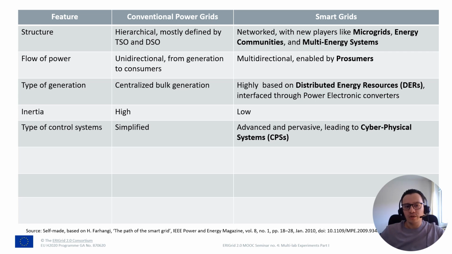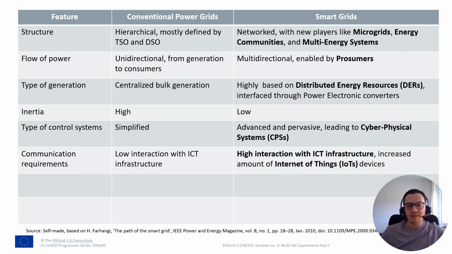which also means that the type of control systems in conventional power grids is rather simplified, while in smart grids we have more advanced and pervasive control systems, leading to the concept of cyber-physical systems, where these complex algorithms are implemented and represent the cyber part, which interacts with the power system, which is the physical system.